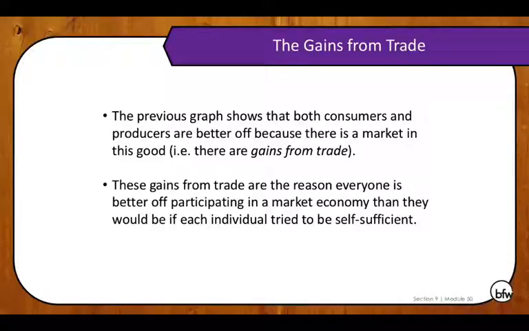Now, the previous graph shows that both consumers and producers are better off because there is a market for this good. We call this the gains from trade. Buyers and sellers are both better off, and there is a win-win situation when buyers that have a higher willingness to pay exchange and buy a good from a seller that has a lower cost to produce the item.